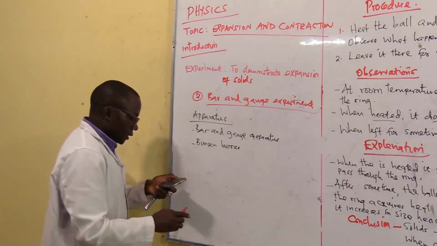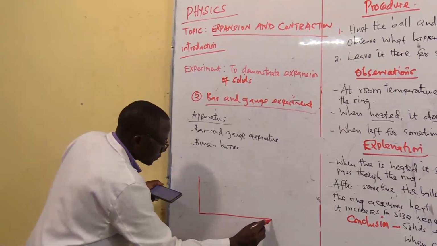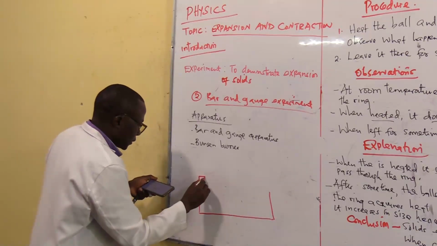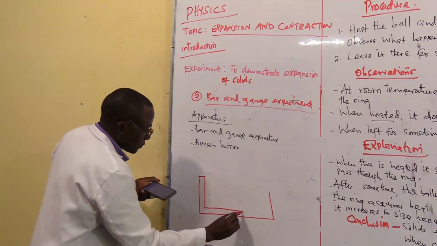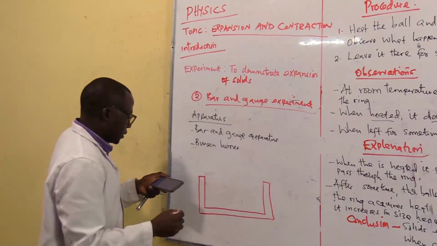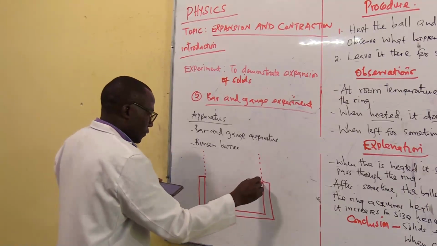So this is how the setup is. This is the gauge. Then we have the bar.